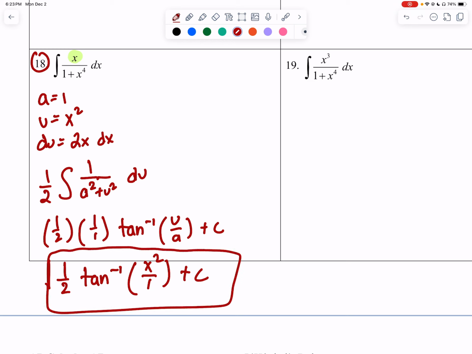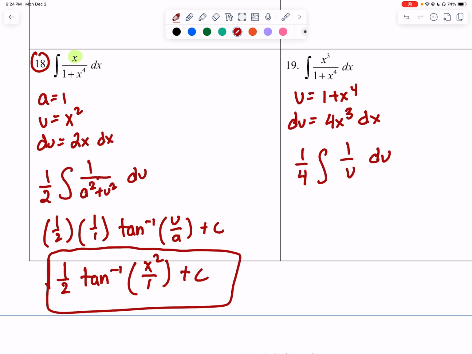Now for 19, because you have a numerator of x cubed, I can't really do inverse trig here, so I'm just going to have to use traditional u-sub. The x cubed is going to cancel out, but I'm left with a 1/4, technically, on the outside.